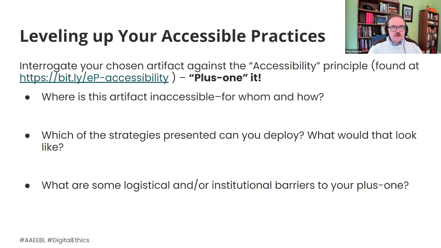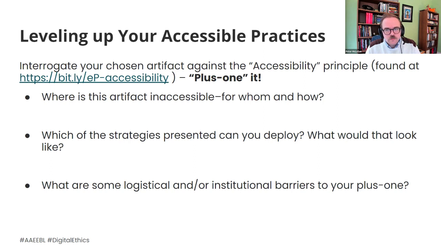And then what we want you to do is to interrogate that chosen artifact against the accessibility principles. We have a bit.ly here that'll take you right to the principles themselves. So it's bit.ly/EP/or-accessibility.